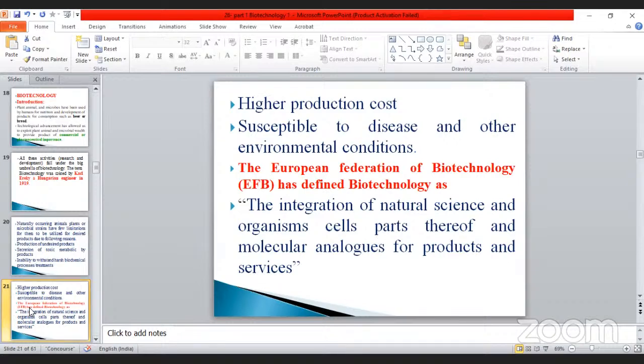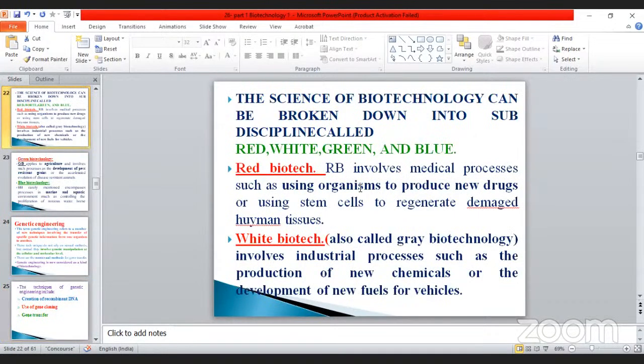Next we will pass on to the types of biotechnology. The science of biotechnology can be broken down into sub-disciplines.